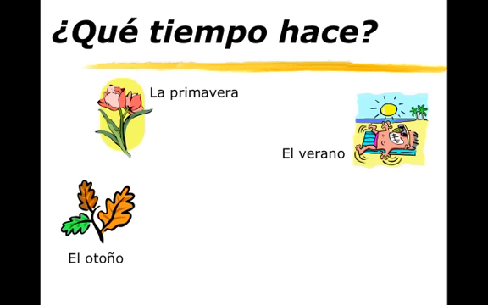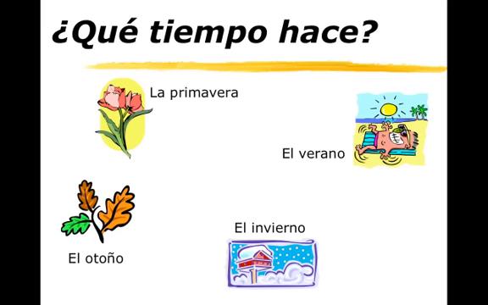El otoño es durante los meses de septiembre, octubre y noviembre. Hace fresco, hace viento. El invierno es durante los meses de diciembre, enero y febrero. Nieva mucho en el invierno y hace mucho frío.